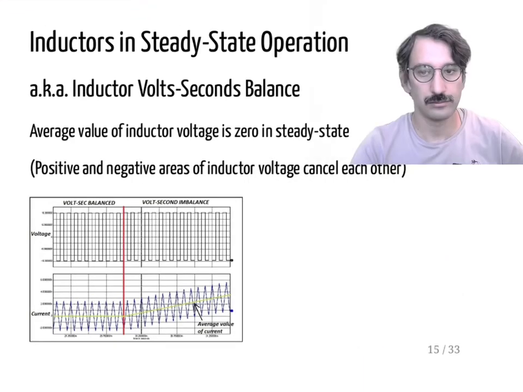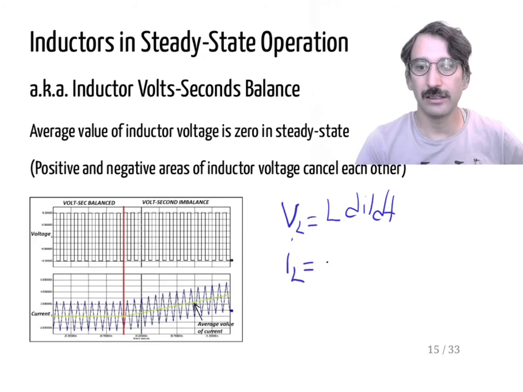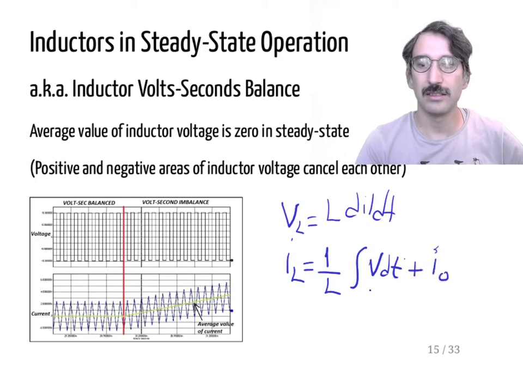So let's say you have an inductor here, where the voltage can be written as L di over dt, right? Or I can write the inductor current as 1 over L integral of voltage over dt, plus of course an initial term.